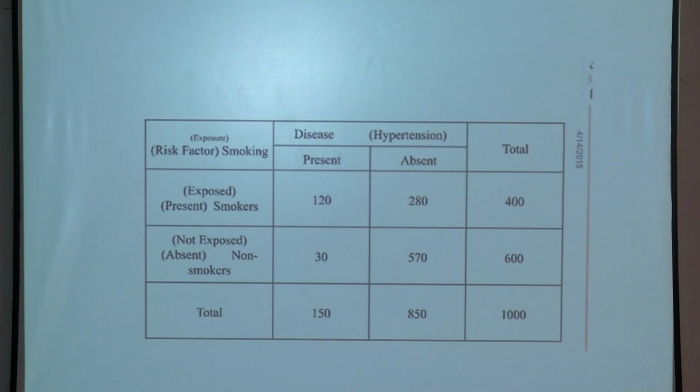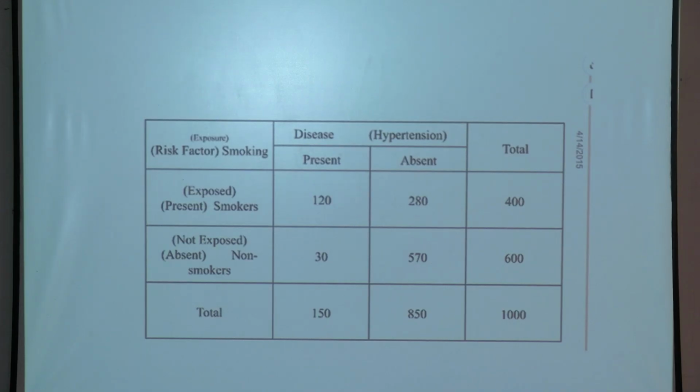And how many are not exposed? 600. Out of 600, how many have hypertension? 570?